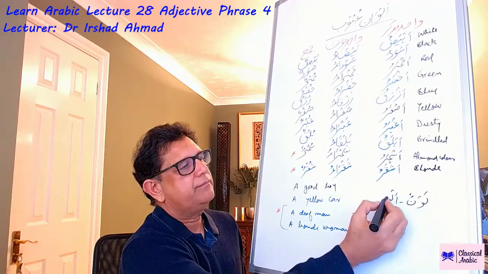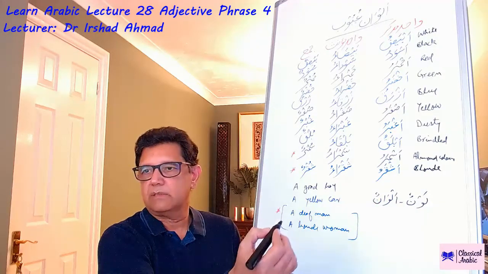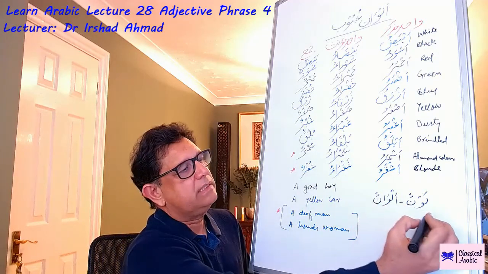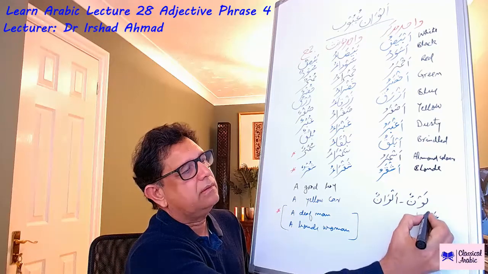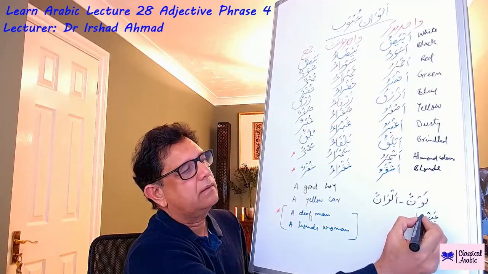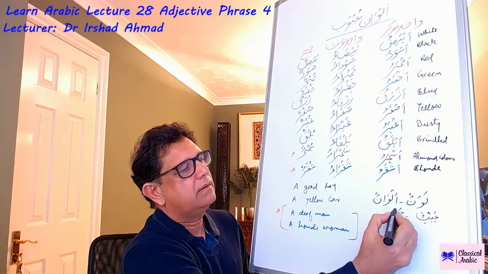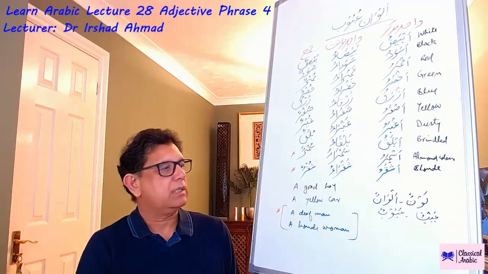Lawn means color, and alwan is plural of that, which is jama mukassar. Uyub, singular is aib, aibun, and plural will be uyubun. That is also jama mukassar.